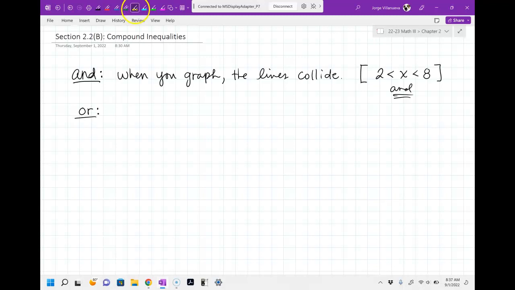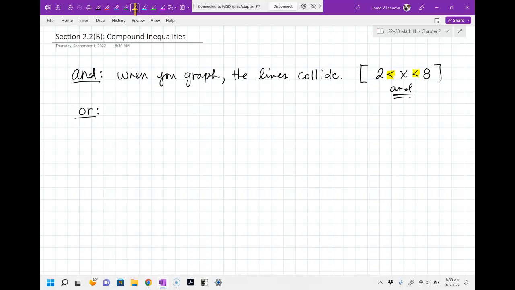So because they're pointing left right here, this would be an and problem. If your inequality is pointing left, it can be less than or equal to. As long as it's less than, if they're pointing to the left, that means it's an and problem. They could either literally say this and that, or it's going to be written all together in one piece, but the inequalities are pointing to the left side.